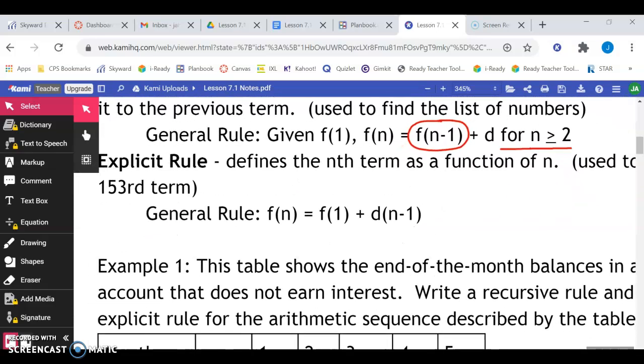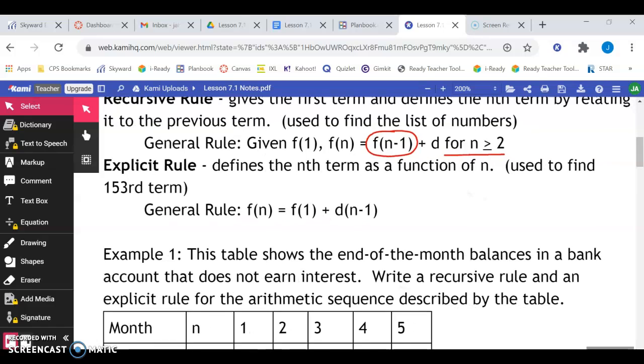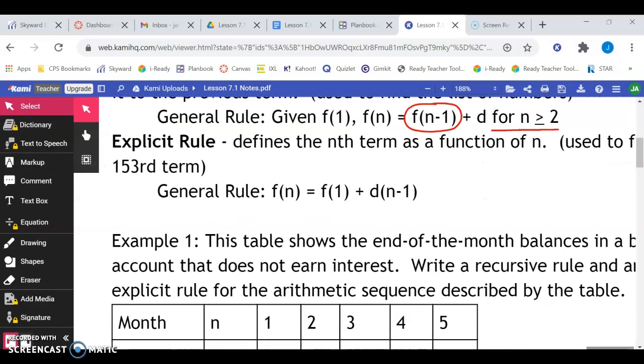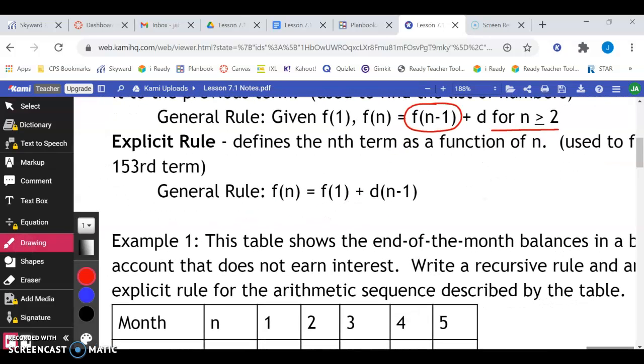All right, and then the explicit rule is f of n, so that's your answer. So in both of them, actually, f of n here, that's your answer. So you're not going to plug anything into that. And then this one says f of 1, which means your first term. And then you're going to add the common difference multiplied by the number of the term you're finding minus 1.